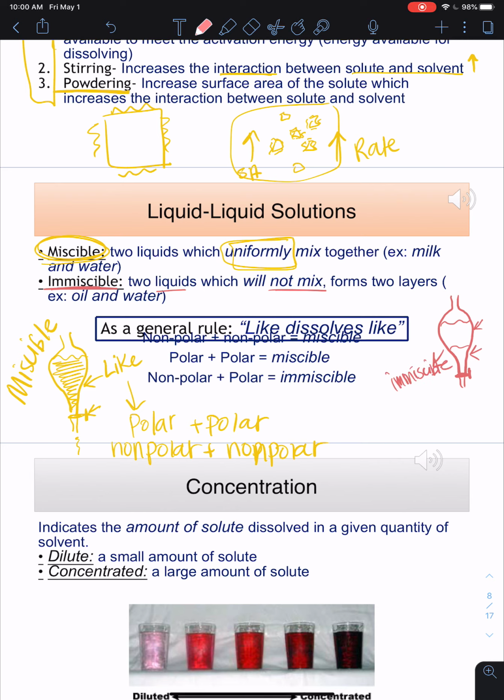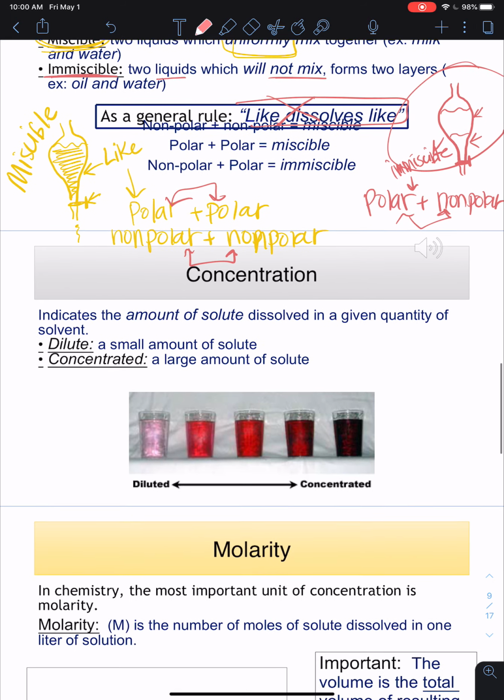I don't even know if I spelled that right. So this one means that you do not have like with like. So this means you have polar with nonpolar. You see how they're not the same over right here and how they were the same here every time? All right, so that's when you're mixing two liquids. It really comes in handy in lab. I love it when you get this scenario because you can separate the things.